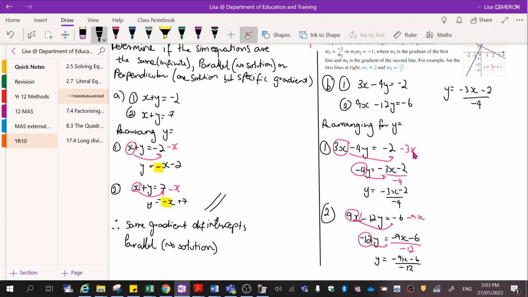So now I can see that these two equations share that same gradient and they share that same intercept. So that must mean that they are simultaneous.